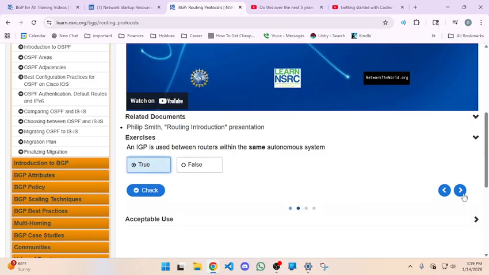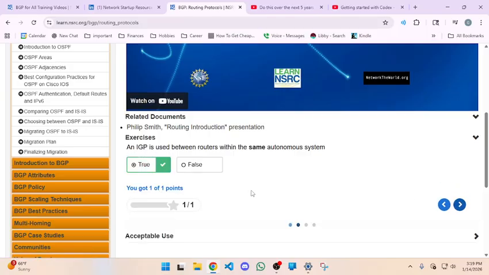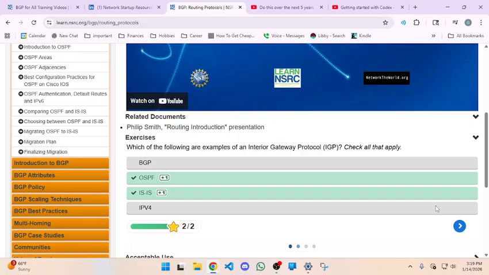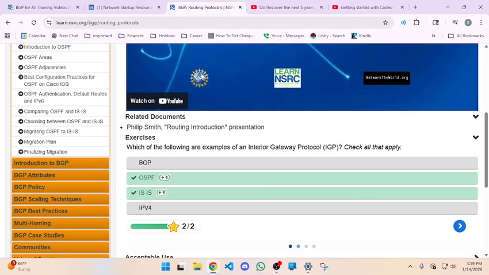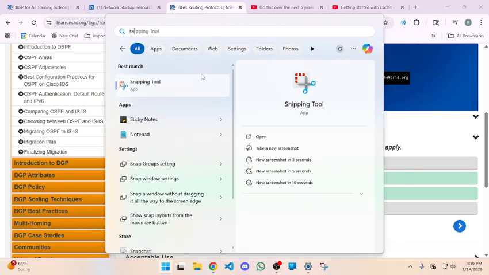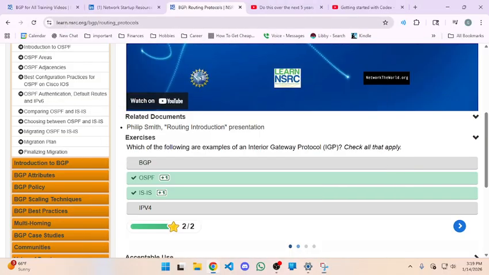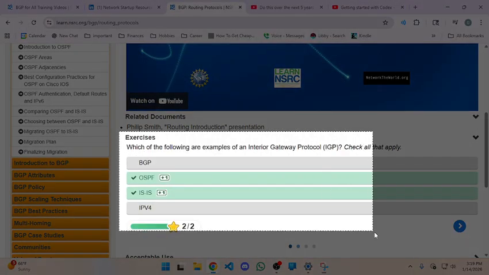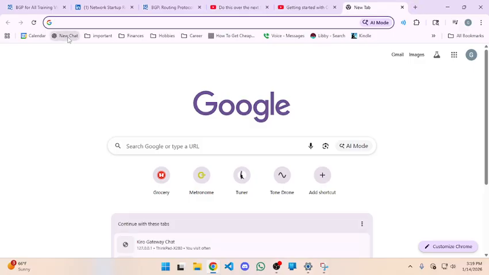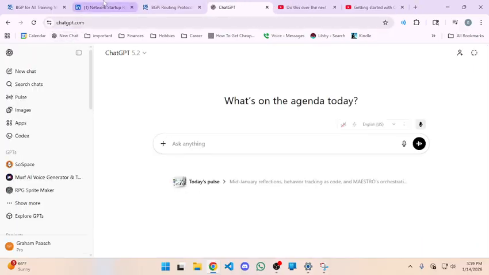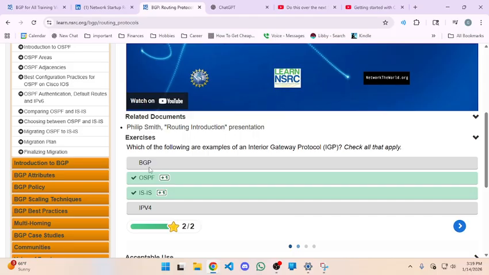True. I just want to see something as well, because this is a little bit of a trick question, I think, because I think IBGP is an interior protocol. So if the answer is just BGP on its own, without designation of whether it's used internally or externally, then in the spirit of the learning, this is an external routing protocol.